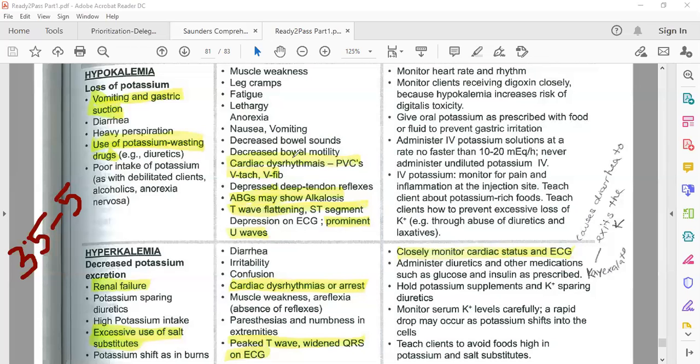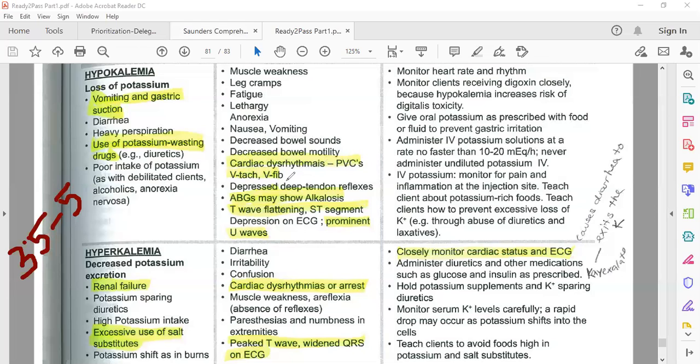So what are the symptoms or signs of hypokalemia? Most important, cardiac dysrhythmia, which leads to VTach or VFib, meaning ventricular tachycardia or ventricular fibrillation or flutter, right?